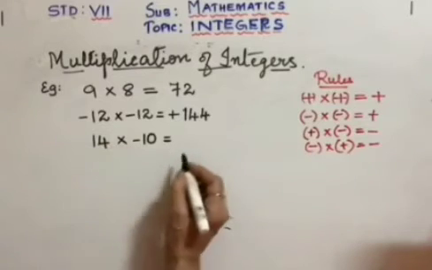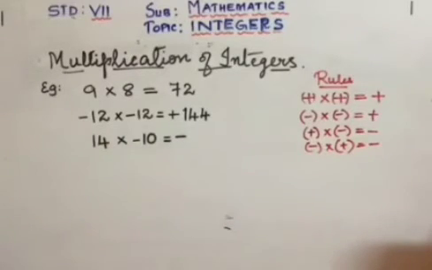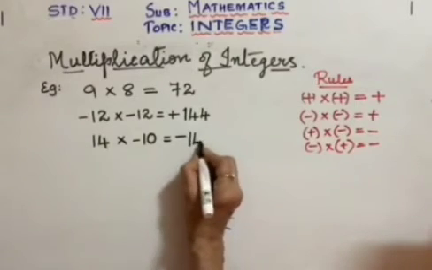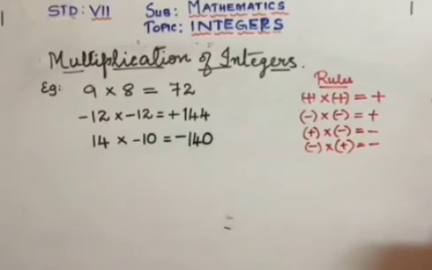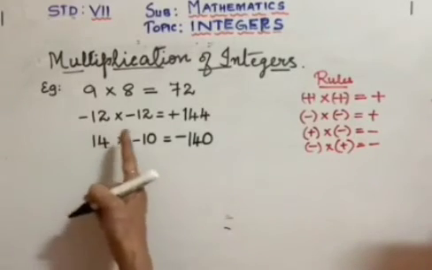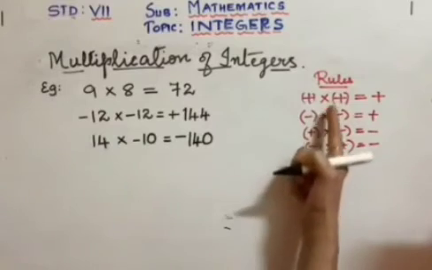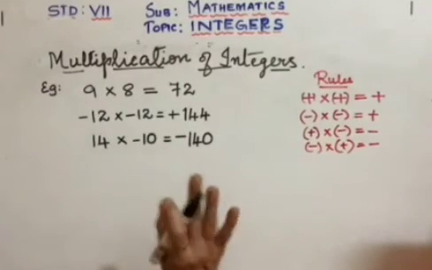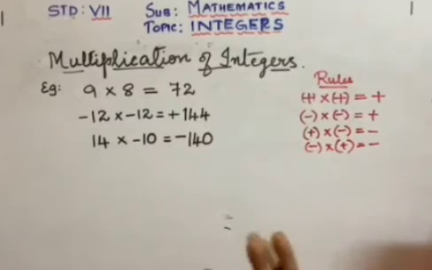Plus into minus is minus. 14 into 10 is 140. Is it clear to you? First, multiply the signs using these rules. Then multiply the integers, forgetting the signs. Because already you have operated the signs, now you don't have to worry about the signs. Multiply the integers. Multiply the numbers.